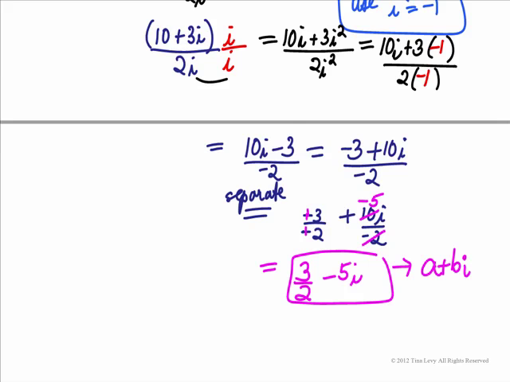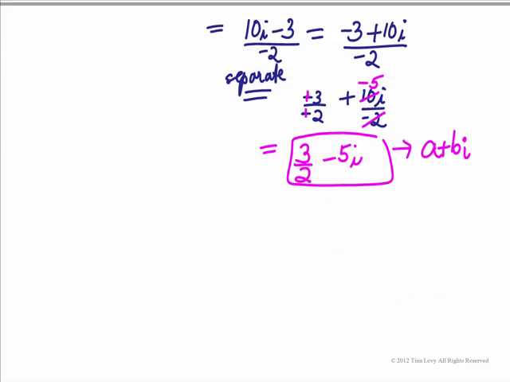Now we're going to do the last kind of simplification for complex numbers, where I ask you to simplify after dividing 2 plus 3i divided by 4 minus 5i. We know that i is a square root, so we now have to rationalize the denominator.